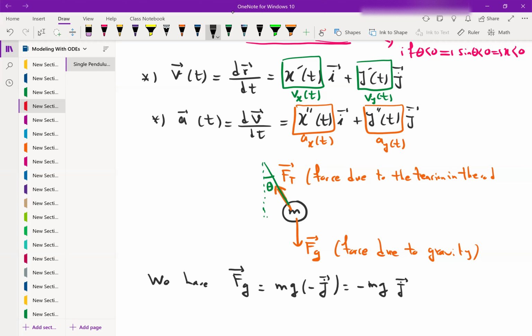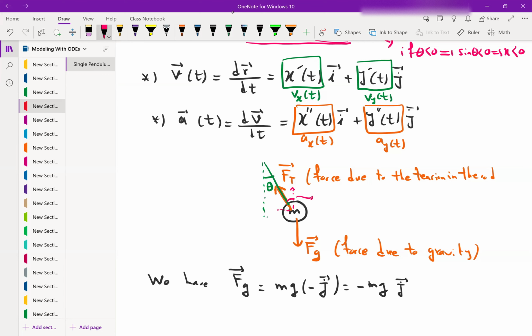Okay. And then what about this Ft? It would be great if I could decompose this into its horizontal component and its vertical component. So this Ft has a horizontal component and a vertical component. What will be the magnitude of the horizontal and vertical components?